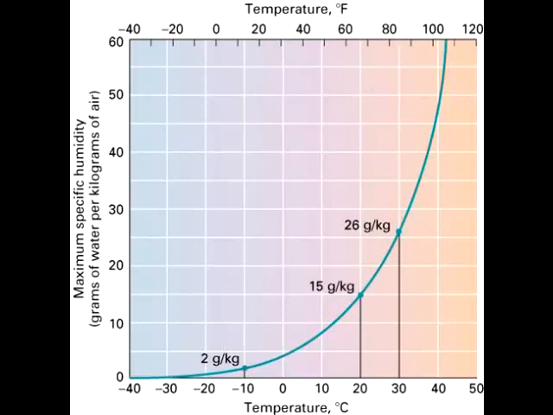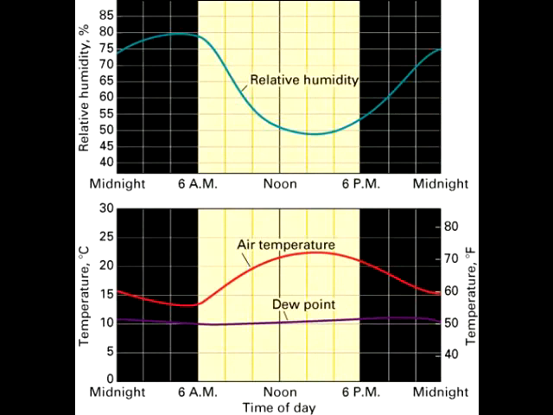You get 50% of relative humidity if 1 kilogram of air at negative 10 degrees Celsius contains 1 gram of water vapor, or if 1 kilogram of air at 20 degrees Celsius contains 7.5 gram of water vapor. If the amount of water vapor in the air remains constant, the relative humidity will change in the course of a day.